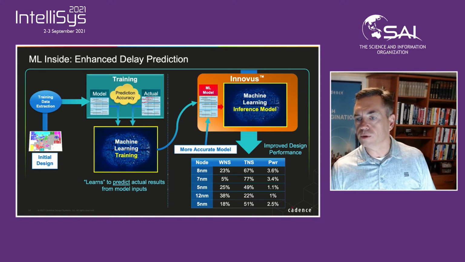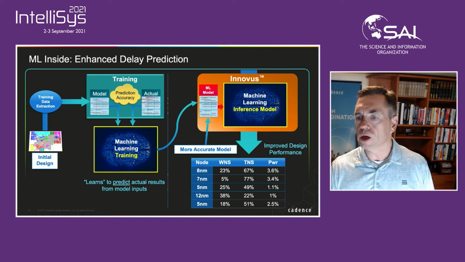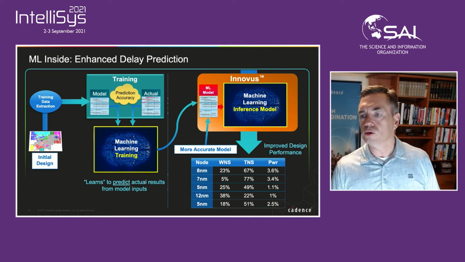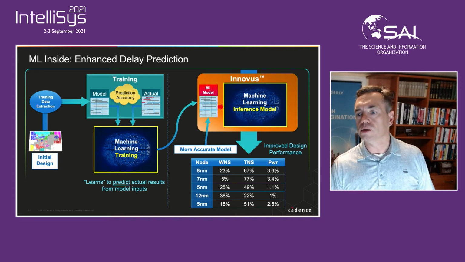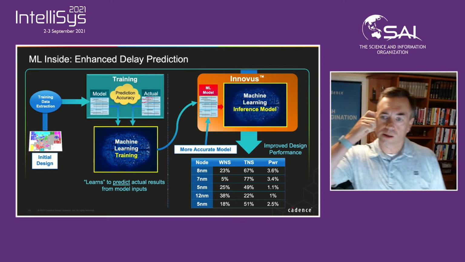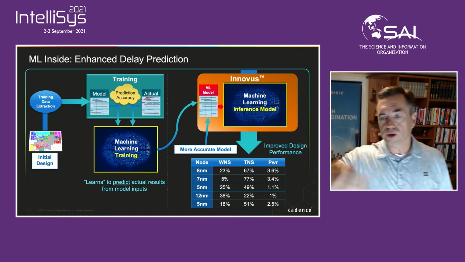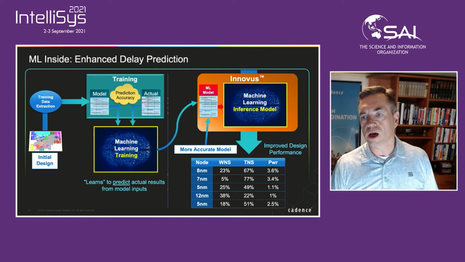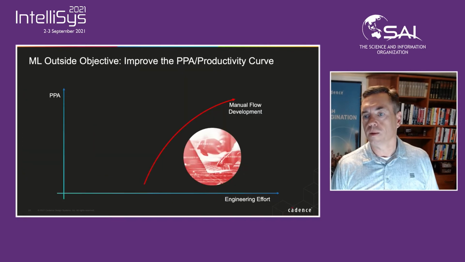And here are some examples from various technology nodes, 12 nanometer down to 5 nanometer, where you look at things like the total negative slack and the power consumption. And with this model, which is largely hidden from the user because it's inside, the tool learns as you are doing more and more layout, the delay prediction and how to predict it, and improves the placement and with that the implementation.